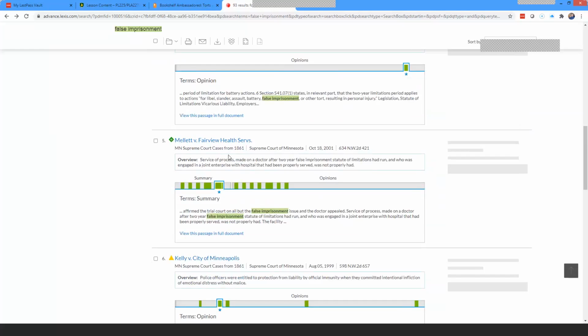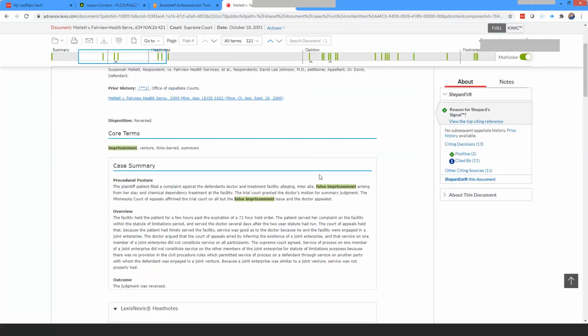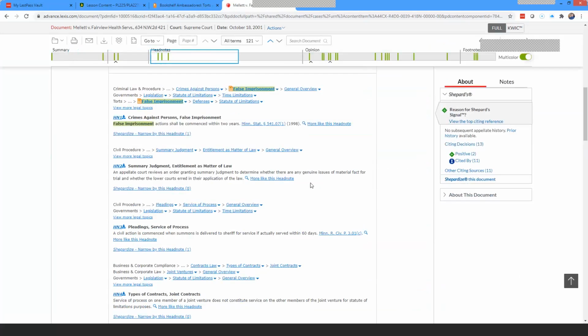Okay, here's one that really is about false imprisonment. It's an odd one. Somebody claiming a doctor did false imprisonment. So this one might actually define false imprisonment in this state. But look, crimes against person, false imprisonment.